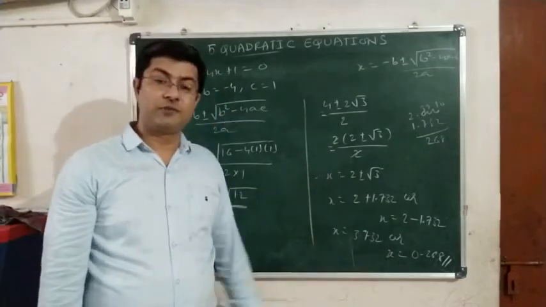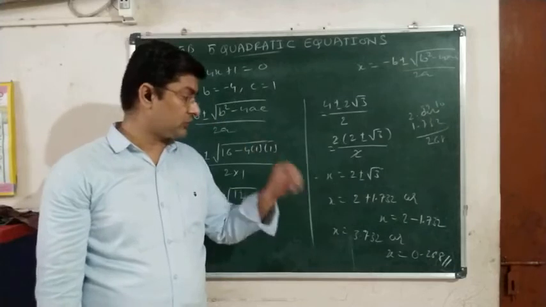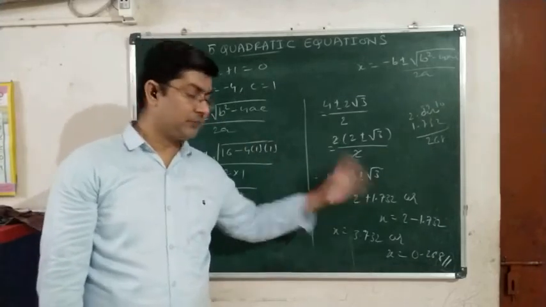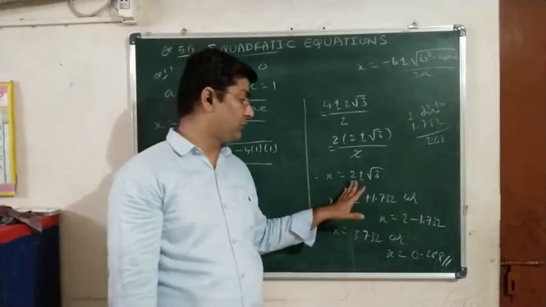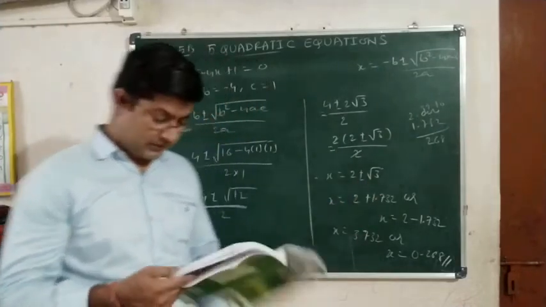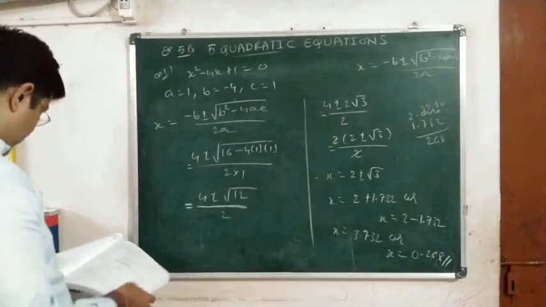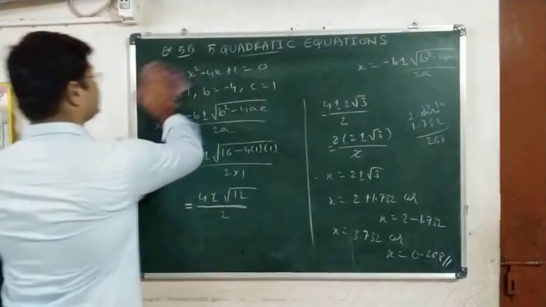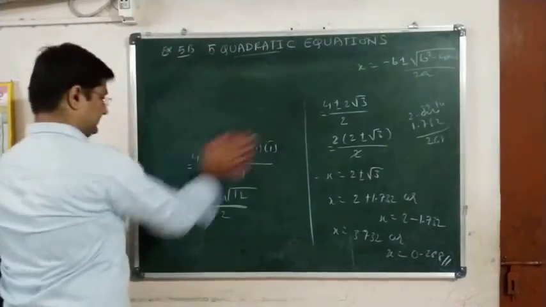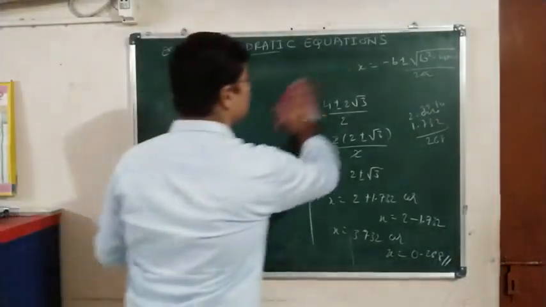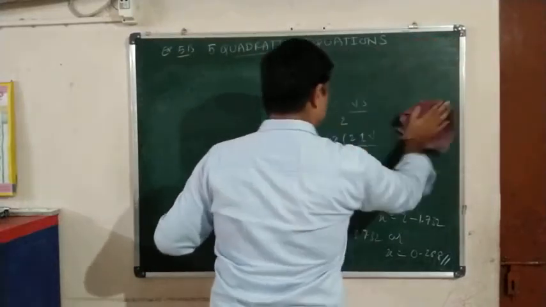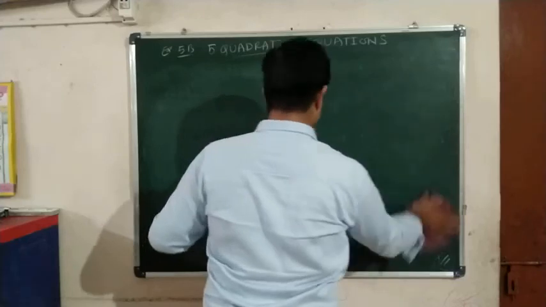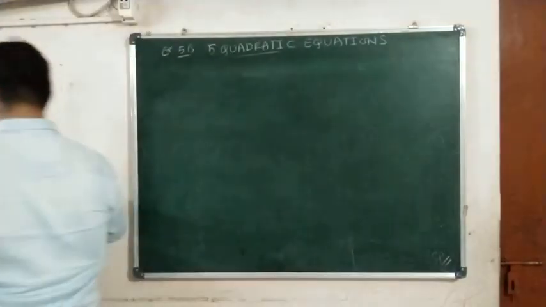So in the first question we are not told to give the values in decimals, so you can keep it up to here. Clear? So the solution will be 2 plus root 3 and 2 minus root 3. So similarly, the second question we will solve.